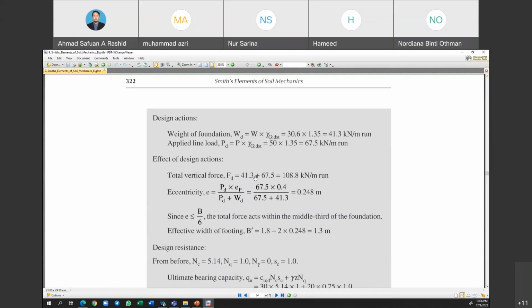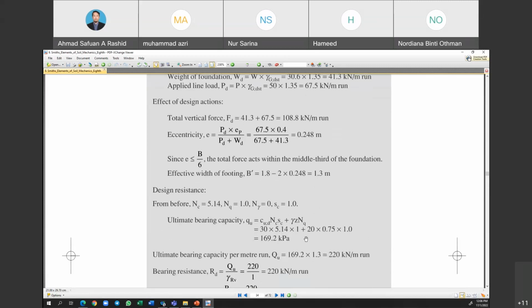So later on we may compare with the RD. Okay, so then for eccentricity, the same procedure, but for this case we use the PD times e_p over PD plus WD. Okay, so then we obtain 0.248. Okay, so since the e is less than B/6, the B prime is equal to 1.3.